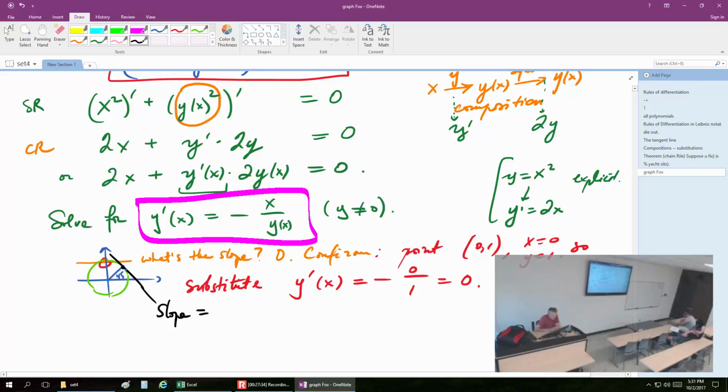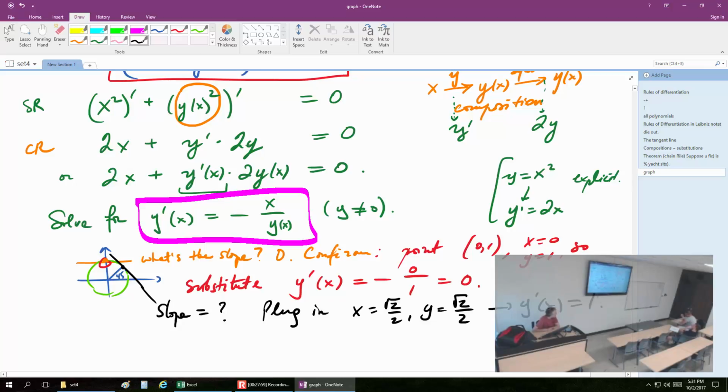If not, let's plug in. x equals square root of 2 over 2, and y is also square root of 2 over 2. So you plug in and say y prime of x is equal to 1. So once again, it works out perfectly well.